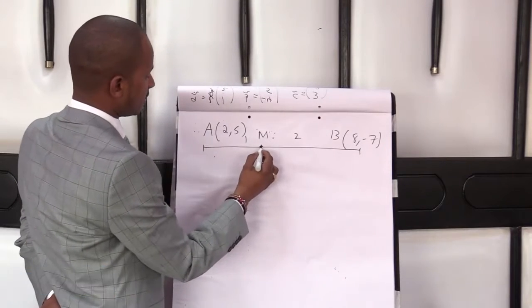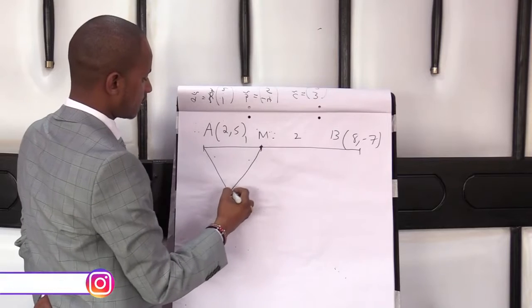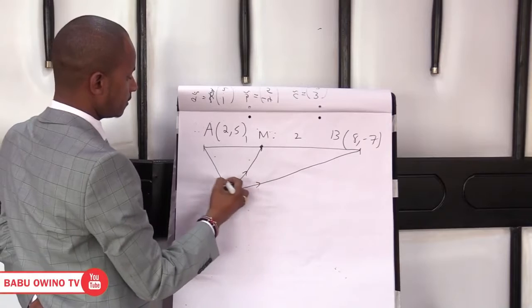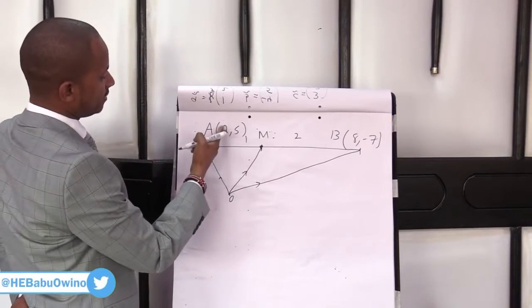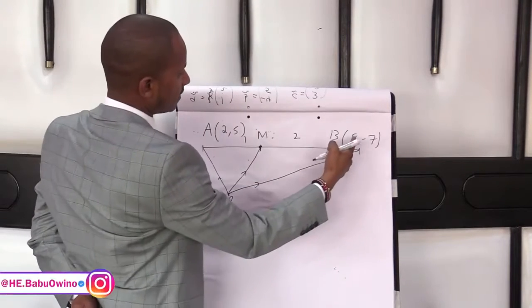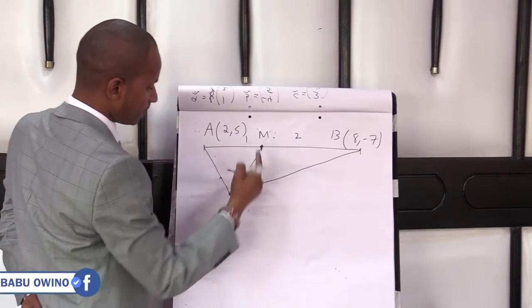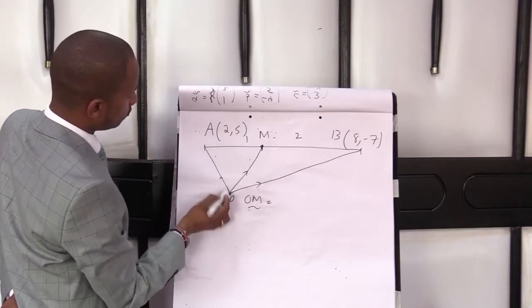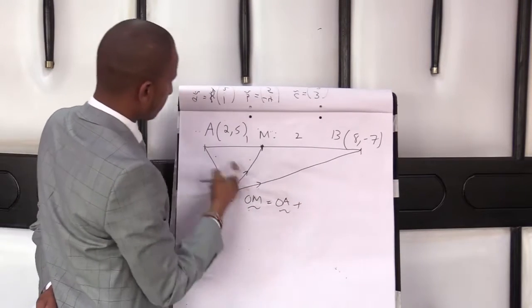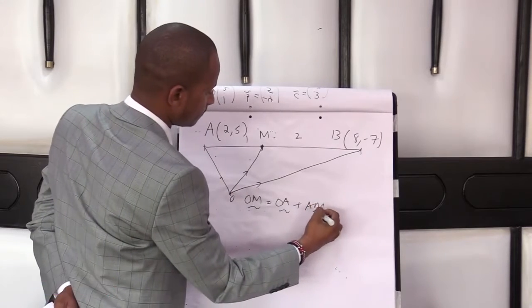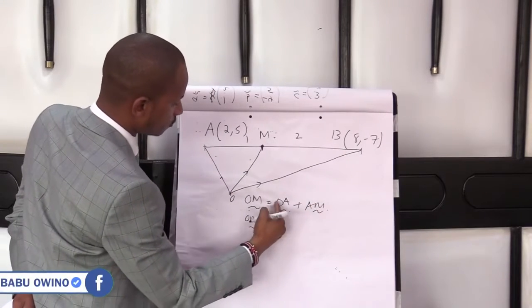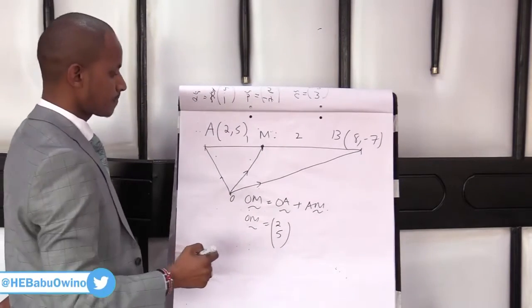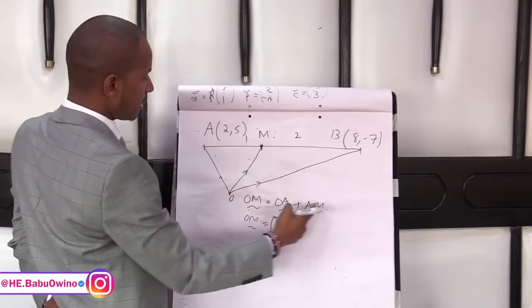So when you are given such a challenge, just come from the point O origin, just make an extension. So OA is given by 2, 5. OB is given by 8, 7. So what is OM? So you just write here OM. How do you move from O to M? O to M is O to A plus A to M. So OM equals O to A, which is given by 2, 5, plus AM.